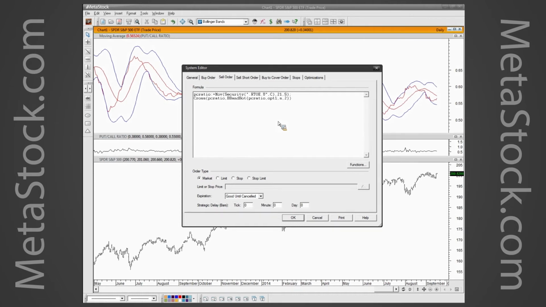Optimization, for our purposes, is just varying a parameter in an indicator to find the best or the optimal. 20 periods is the default number of periods for a Bollinger Band indicator, but how do we know that that's the best number for this particular indicator and system? Maybe there's one that's better. So optimization helps us answer that question.